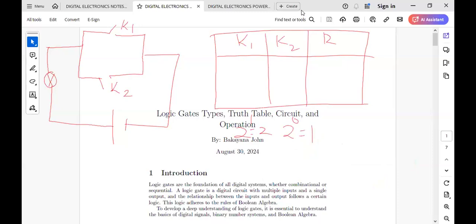So the 2 power 1, which is a 2, means the pattern repeats after 2 digits. So it can be 0, 0, then 1, 1. And then the 2 power 0, which is a 1, it means this can be a 0, 1, a 0, 1.